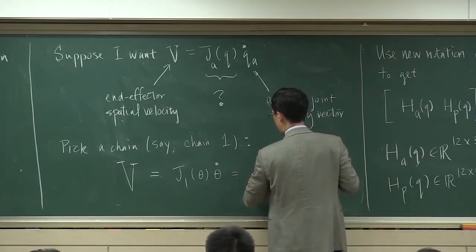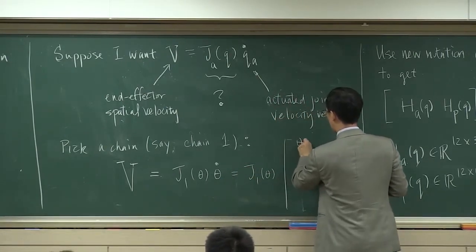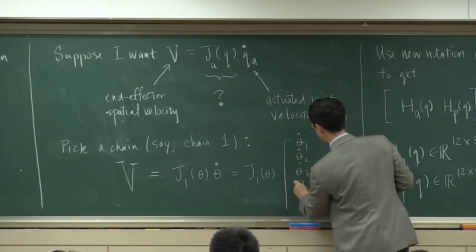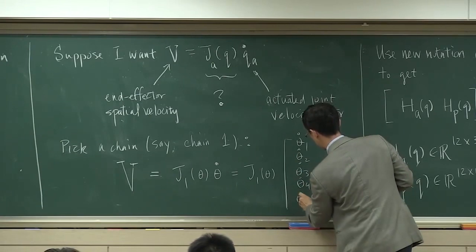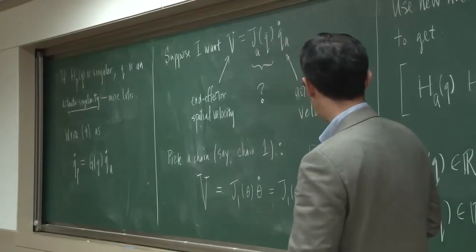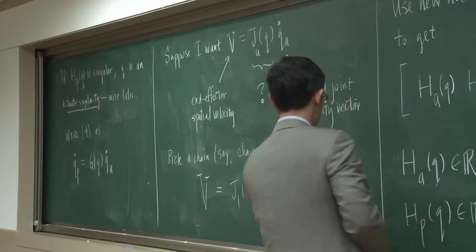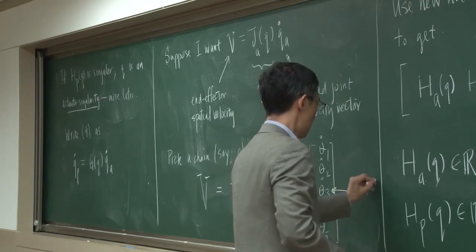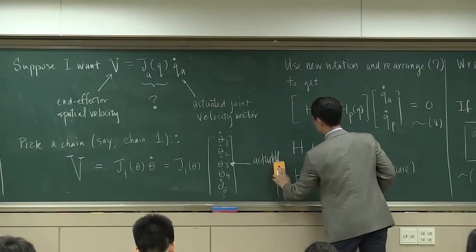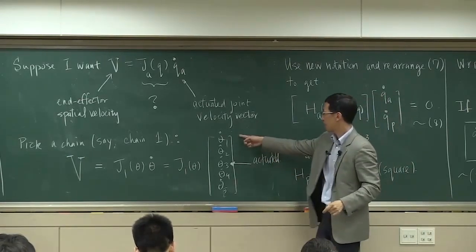All right, but now, if we write down theta dot, it's 5-dimensional. Which one is actuated? Theta 3 is actuated, and the rest are passive.